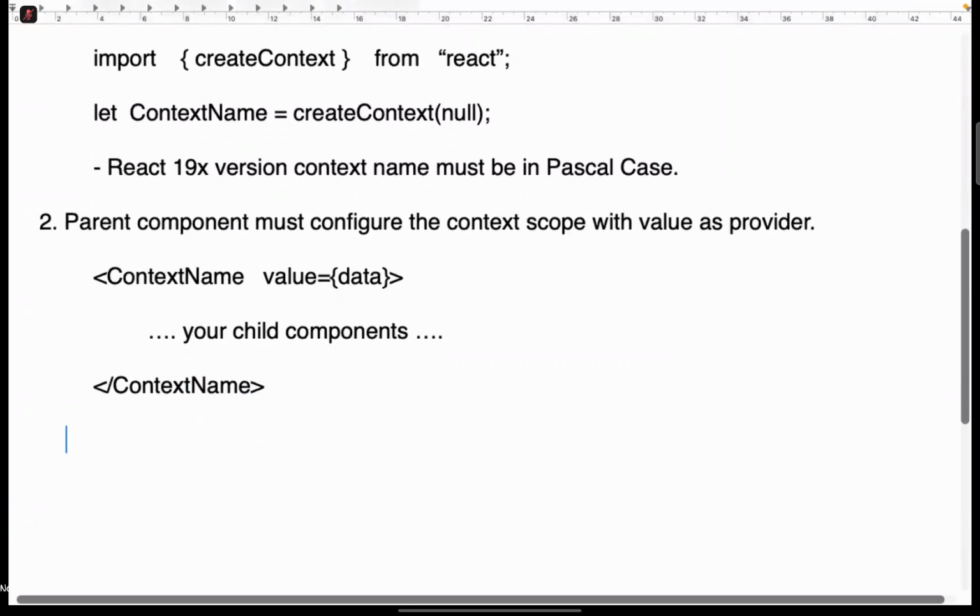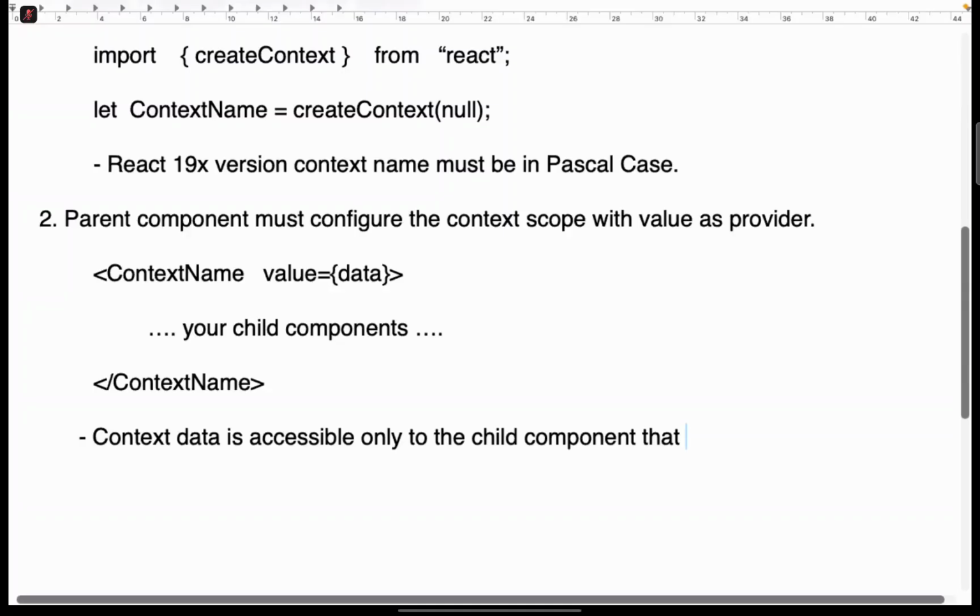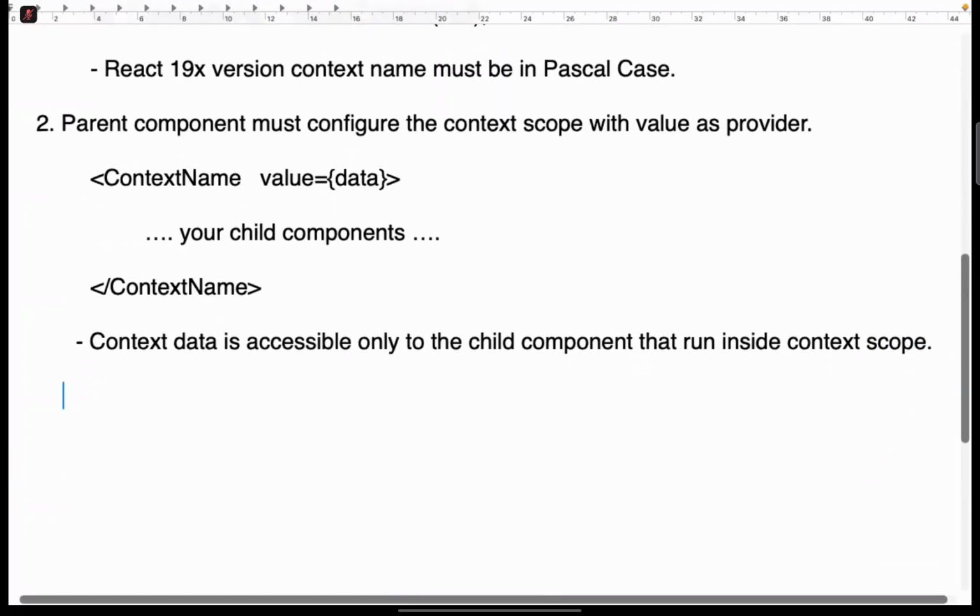Context name. So the point here is that context data is accessible only to the child components that run inside the context scope.